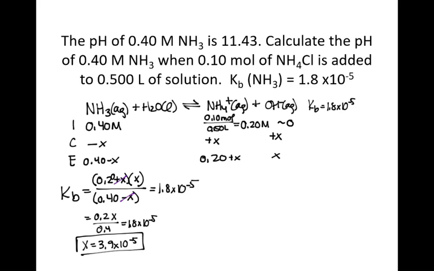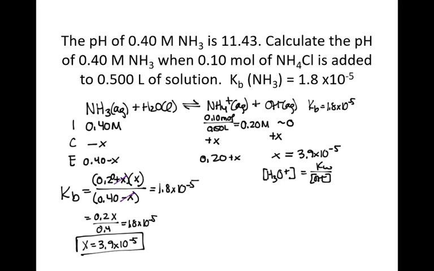Okay, if this is our x, what were we trying to find again? Oh, right, the pH. So our OH- concentration we found is equal to x, so that's 3.9 times 10^-5. That's OH-, so if we want to find H3O+, we can use Kw divided by OH-.